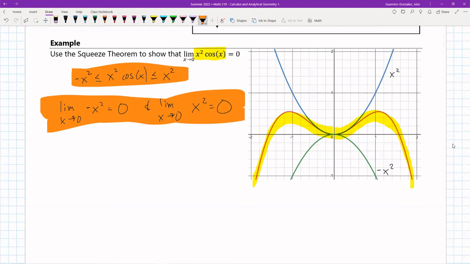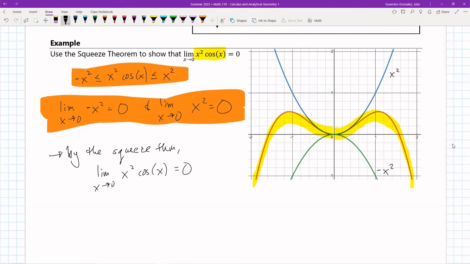They have the same limit. So then both of these statements in orange together can tell us by the squeeze theorem, right? That the limit as x approaches 0 of x squared cosine of x must also be 0.